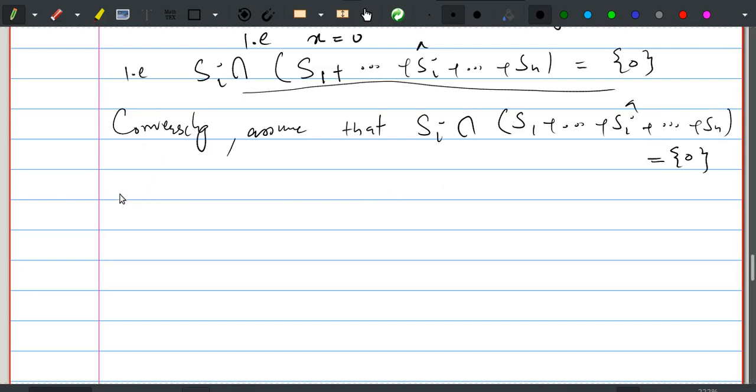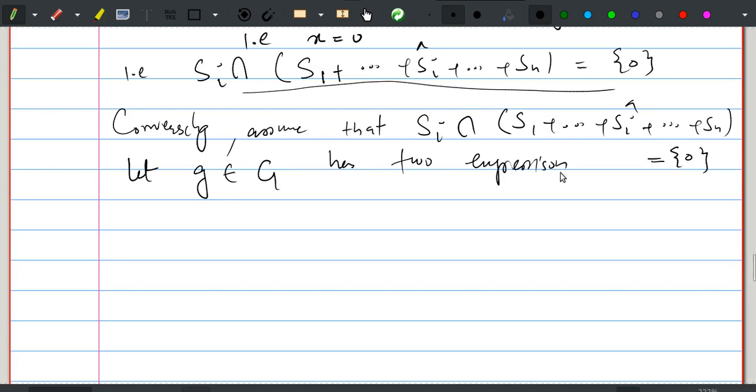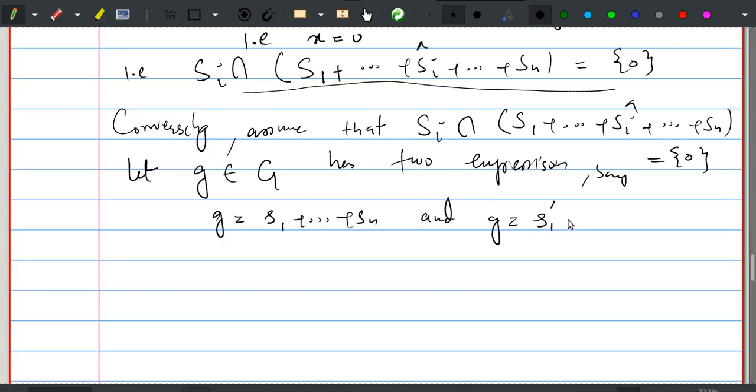Now we have to prove that each element in G can be uniquely expressed as a sum of elements of the capital Si's. Let G belong to G and suppose G has two expressions. Say G is equal to S1 plus so on plus Sn, and G is equal to S1 prime plus so on plus Sn prime.